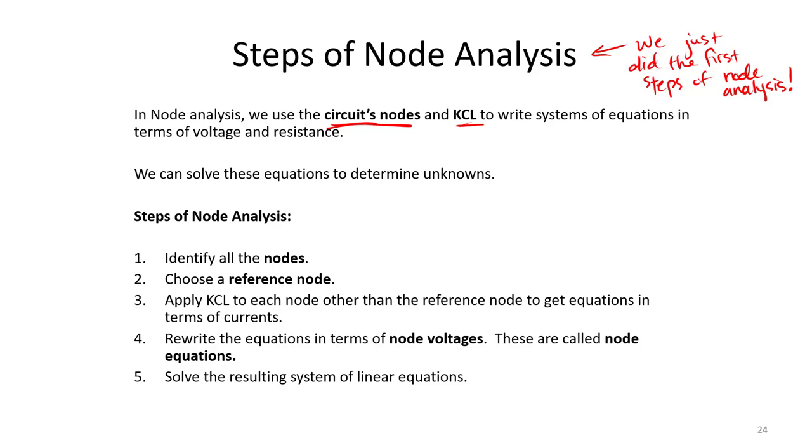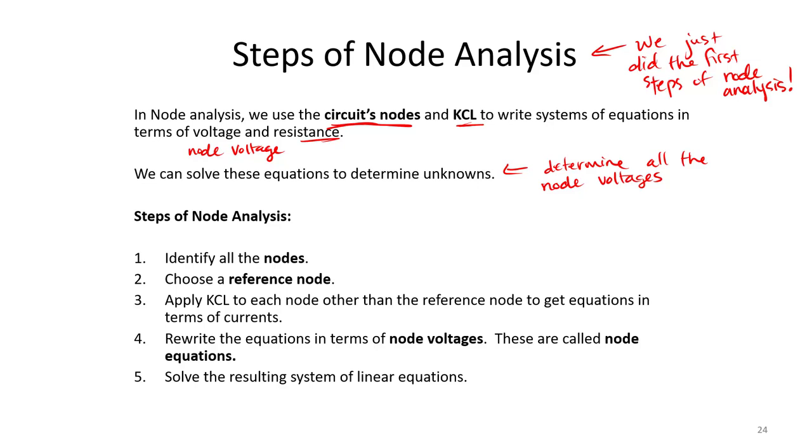In particular, we are writing equations in terms of the node voltage and the resistance. And once we have equations for node voltage and resistance, we can solve that system of equations, and it will help us determine all the node voltages in a circuit. And of course, once we know our node voltage, then it's pretty straightforward to find currents and other things using Ohm's law.